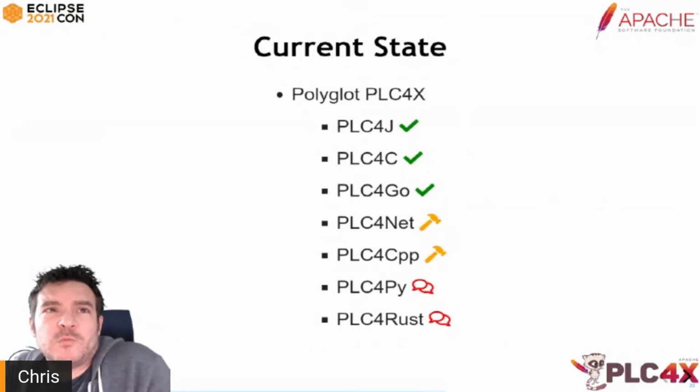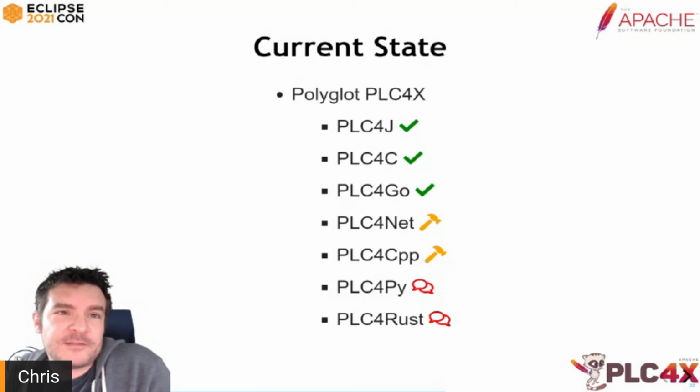The current state: well, PLC4J, PLC4C, and PLC4Go are ready to be used. PLC4Net we're working on. PLC4C++ we will probably kill and replace with PLC4Rust, just because most people working on PLC4C++ left the project, and Rust just feels like a much better road to go.